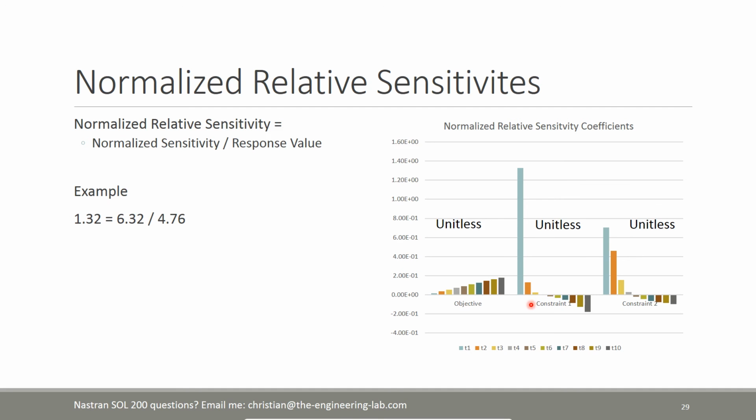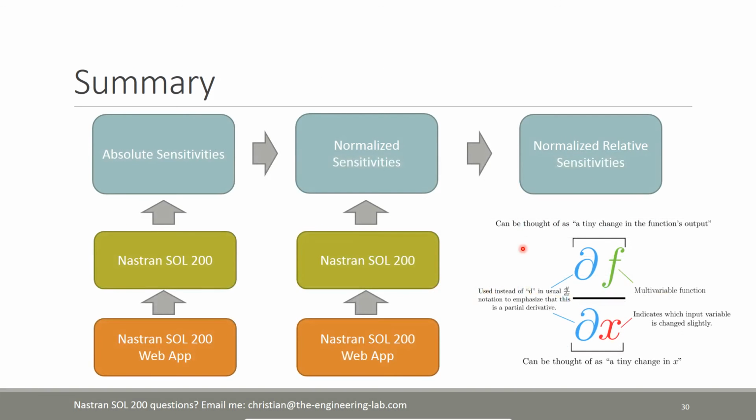If you modify a design variable, how much of an impact will that have on another constraint or an objective? So it really lets you select which design variables are really critical for the optimization. The last thing you want to do is pick a design variable that has little impact on the objective. So that's why it's worth looking at normalized relative sensitivities.